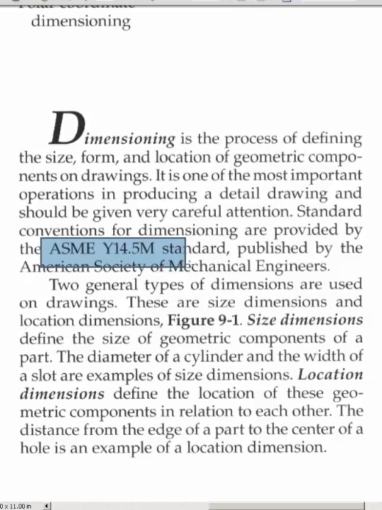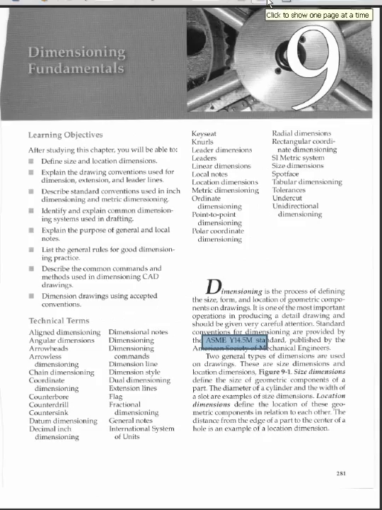ASME Y14.5M is the standard published by the American Society of Mechanical Engineers that controls dimensioning and standards for all drafters. It's a text you can get for yourself, basically saying do this, do this, do this. However, your textbook does a great job showing the same information. Some standards may change over time, so that's an important thing to remember.